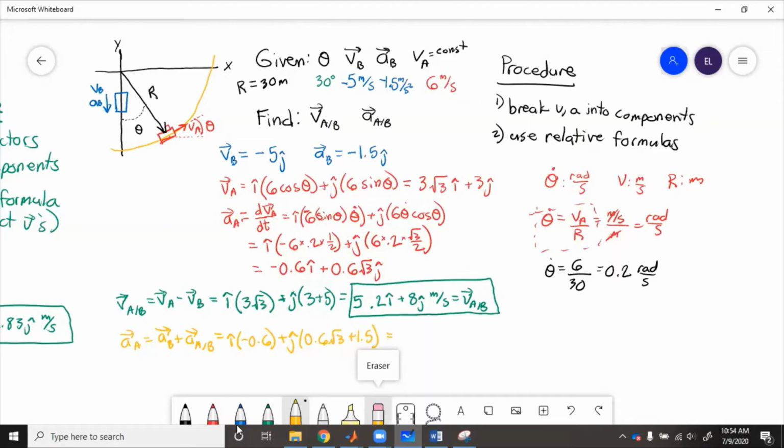So that comes out to be negative 0.6 i hat plus 2.5 j hat meters per second squared equals acceleration of A with respect to B.